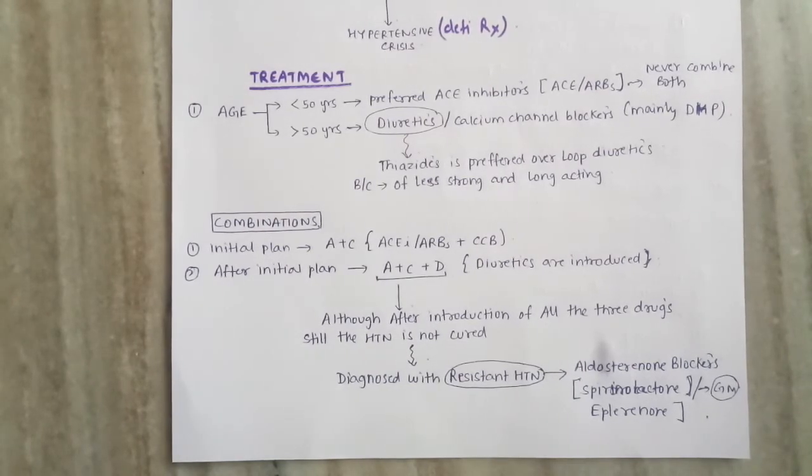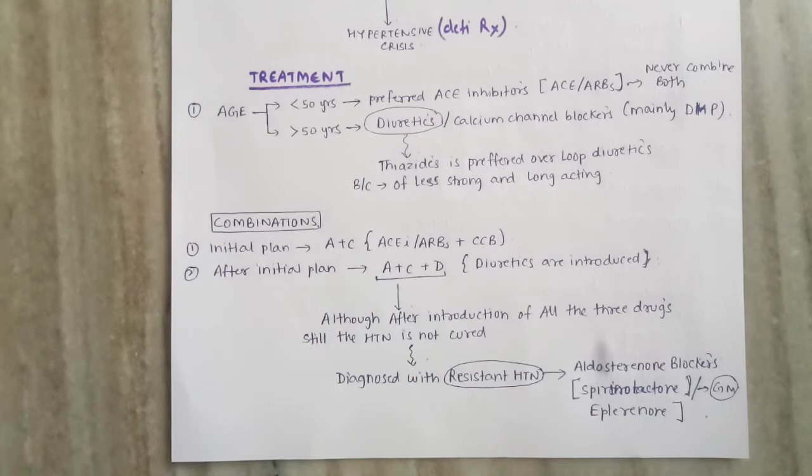If the patient is not recovering, we can recommend the diuretics also, such as the thiazides instead of furosemide. So the 3 drug combination of ACE inhibitors, calcium channel blockers and diuretics is recommended if the initial plan is not doing well.